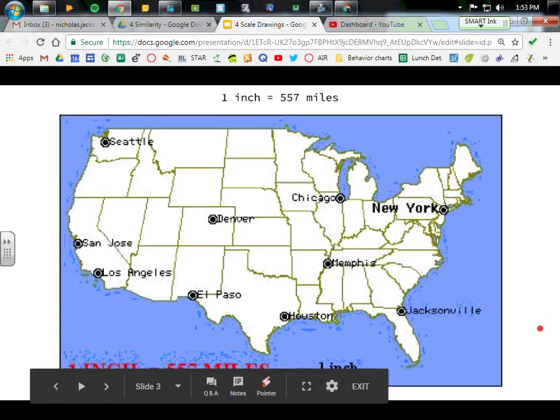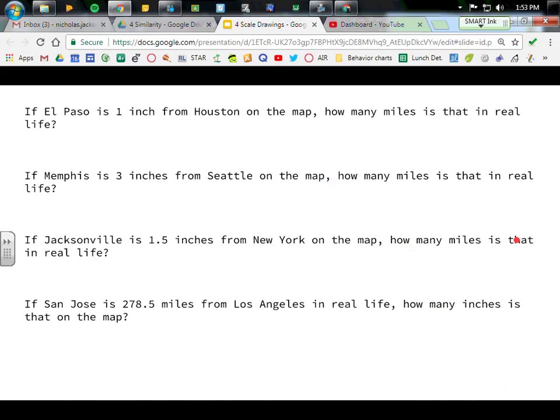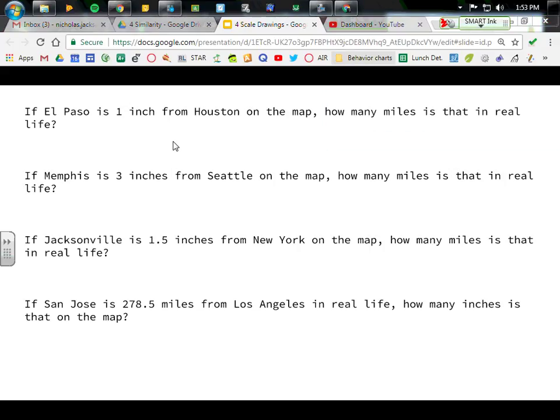All right, moving on. Here we have a map of the United States. And our scale down here shows us that 1 inch on this map is equal to 557 miles in real life. So let's apply this. If El Paso is 1 inch from Houston on the map, how many miles is that in real life? So we start with our scale from the map. 1 inch equals 557 miles.